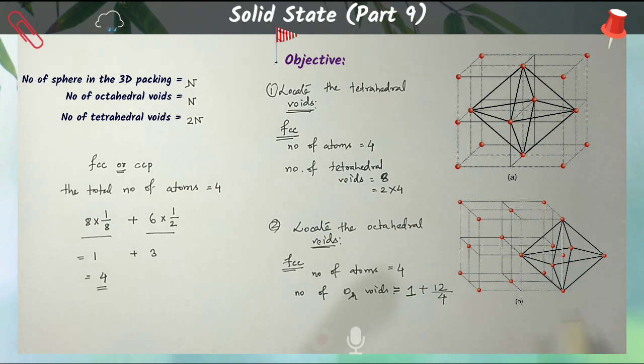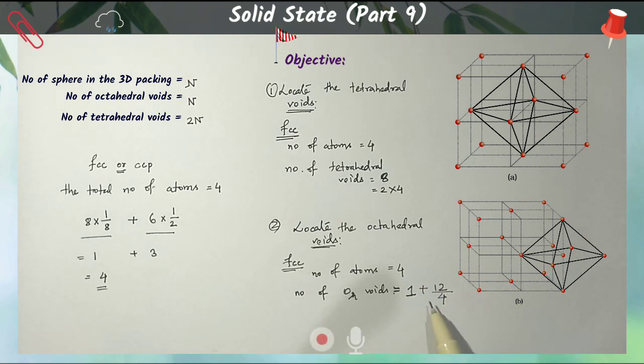So how many octahedral voids are present in the total 12 edges? 12 octahedral voids are present. But we have to divide each of these octahedral voids by 4, because only 1/4 of each will be inside that unit cell.